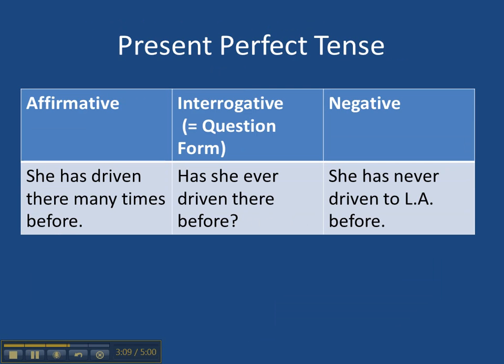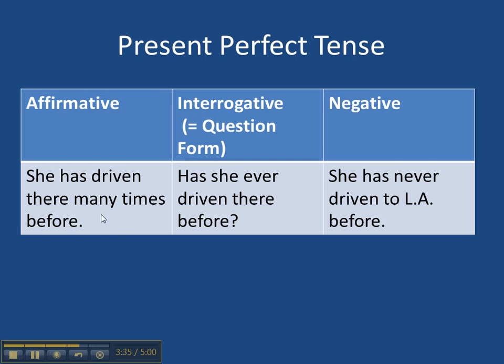Here we are in the present perfect tense. And to form the present perfect, you have auxiliary has or have, and you have the past participle. Okay? The past participle. Now, the way you use the present perfect tense is really very, very difficult. It's probably one of the most difficult things about English verbs.